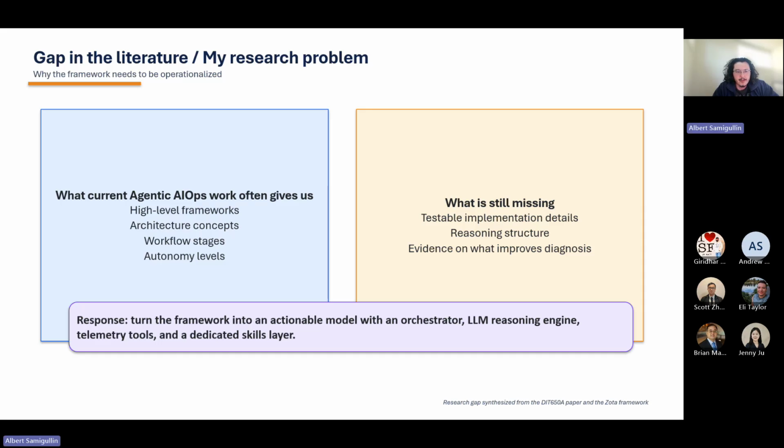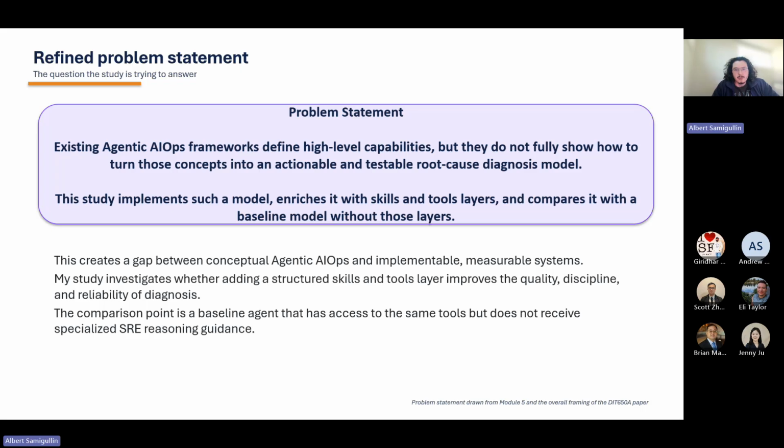Okay. So if we're talking about the problem statement, let me discuss this. As I mentioned, existing agentic AI frameworks are useful because they define what future autonomous operation systems should be able to do.